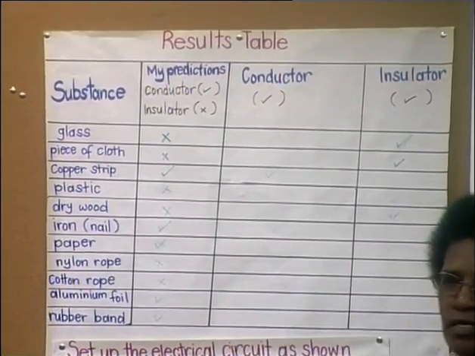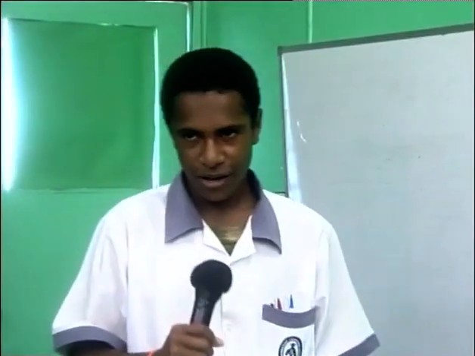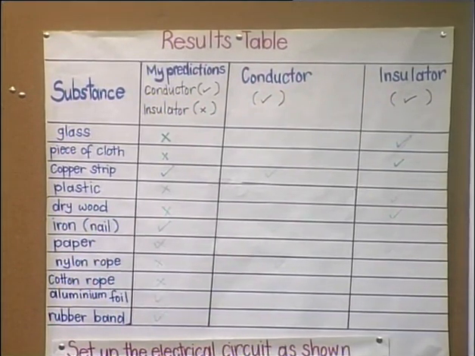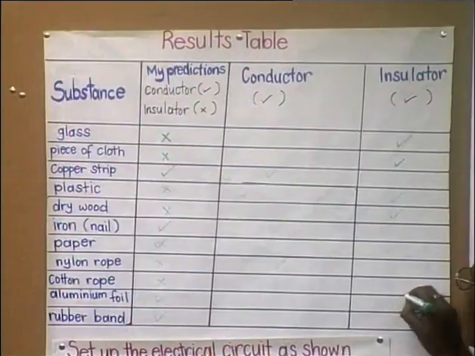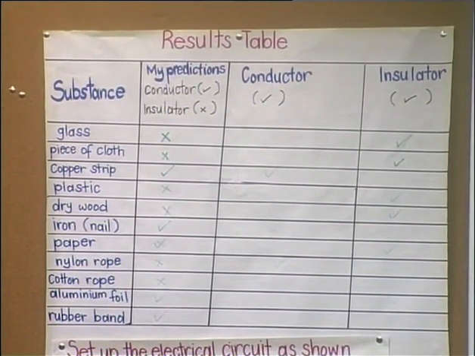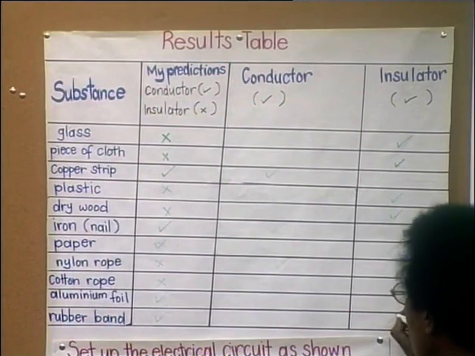Cotton rope, Aquila? Insulator. What did you say, conductor or insulator? Insulator. Rubber band, Graham? Insulator.